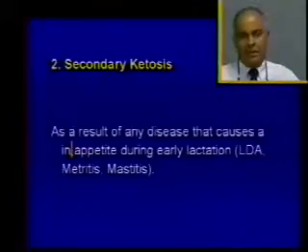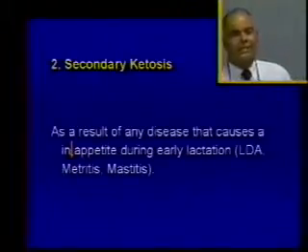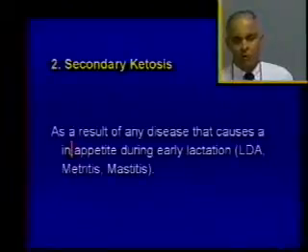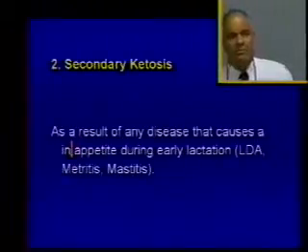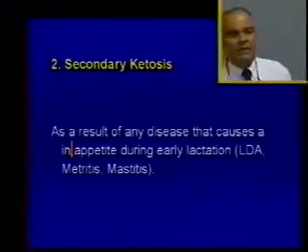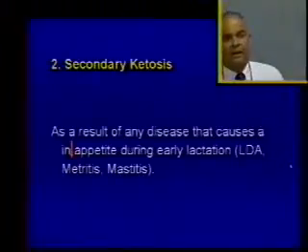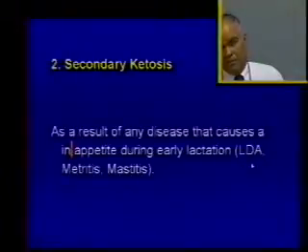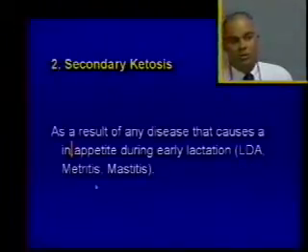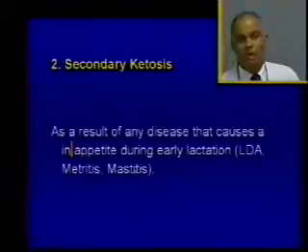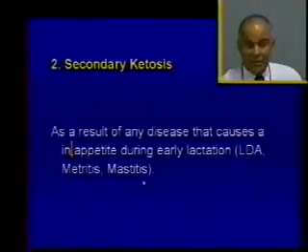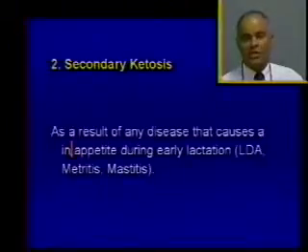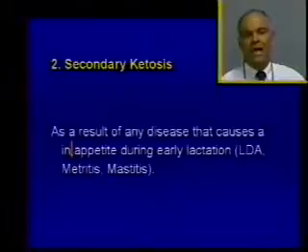And which are they? Let's think about this for a second. What diseases can we see during the postpartum period or days in milk that may affect ketosis? Well, it could be displacement of the abomasum, which I'm going to talk about in a few minutes, metritis, an infection of the uterus, mastitis, which is, of course, like we discussed, an infection of the mammary gland, or it could be poor management, that there are simply too many cows for the feed trough, or a ration that has not been properly balanced.